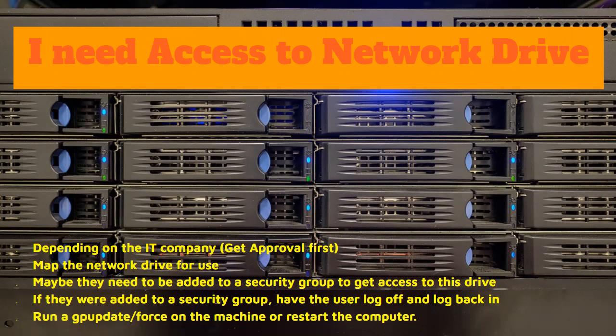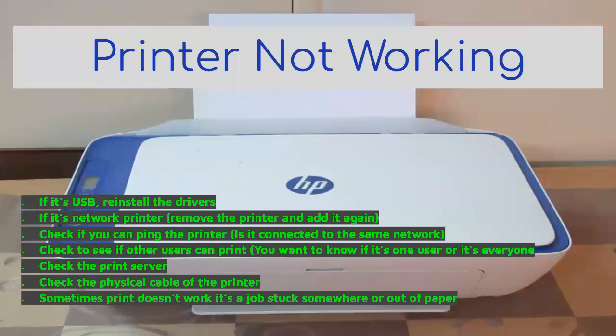We can start by trying to map the network drive to see if it works. Maybe they need to be added to a security group to get to this drive. If they were added to a security group, they have to log off and log in again. We'll run a gpupdate and force the machine to restart. Hopefully, it should work.